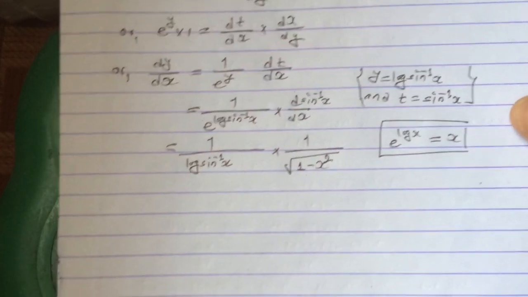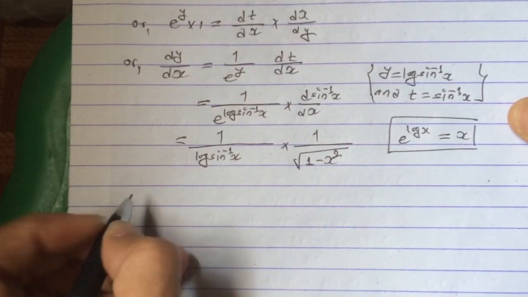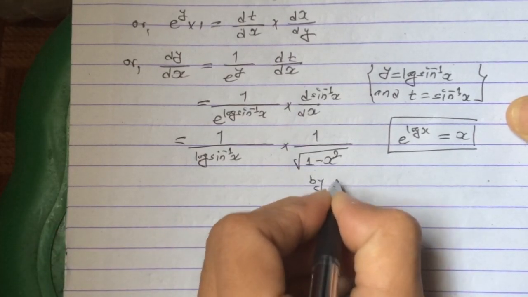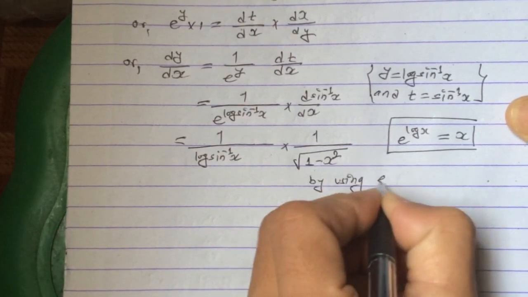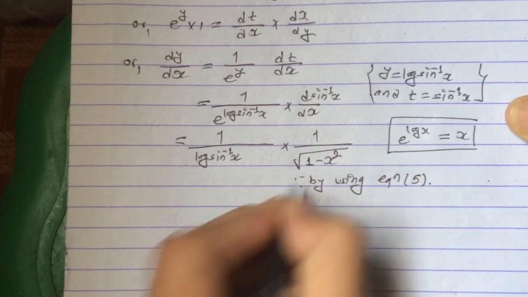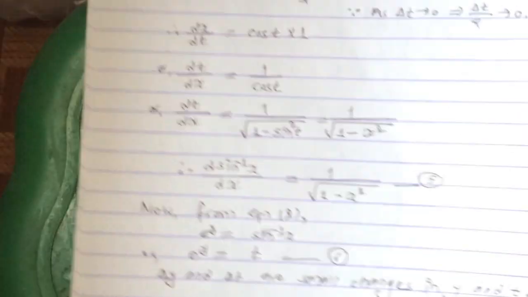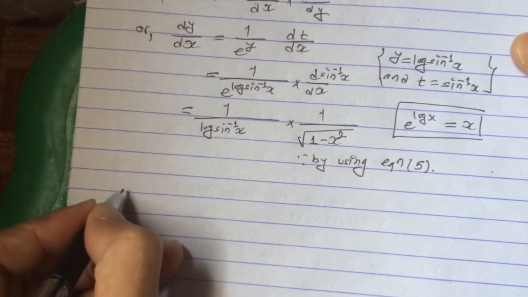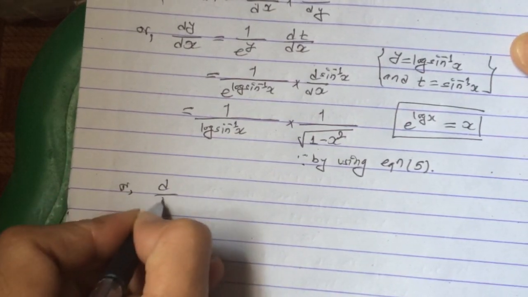After using this value, you get 1 by root under 1 minus x square. Equation 5 is used here.